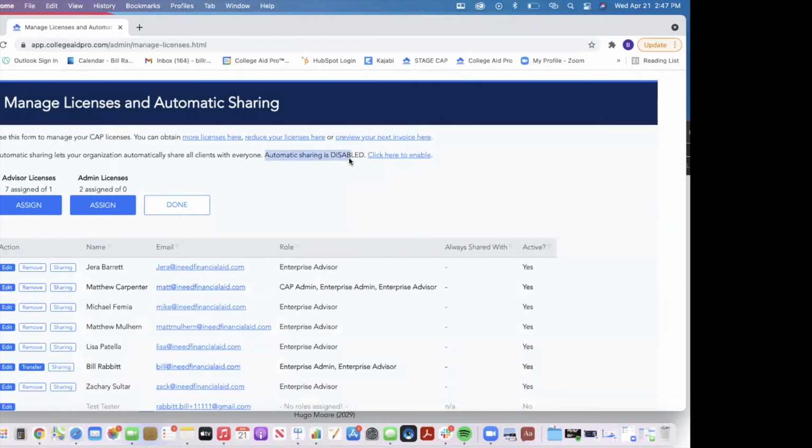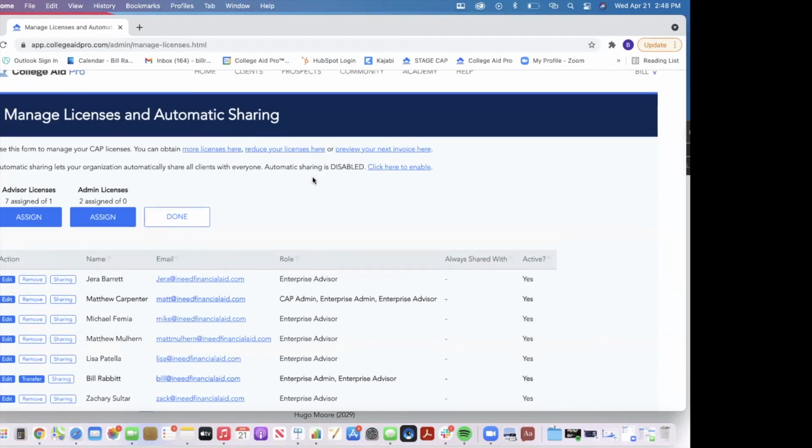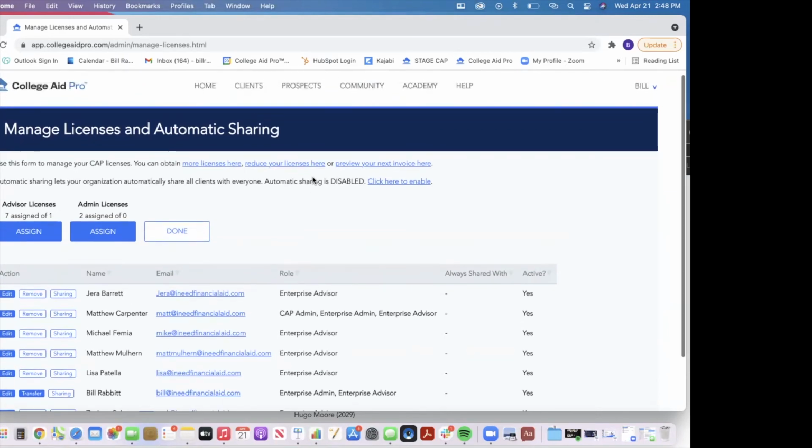So automatic sharing, right now it's disabled. That's how we run our business. But for some offices, maybe they have 4 or 5 advisors doing this work, an assistant. If I enable this sharing, everyone in the office can have access to seeing all the cases within that organization. So we have those different levels of sharing, one-to-one, that's in between, and then that global sharing.